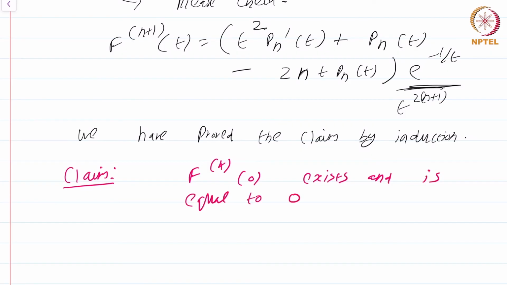Obviously if fk of 0 exists, it's got to be equal to 0 because the left hand derivative, when you take just the derivative from the left, is going to be 0 because that function is identically 0 when t is less than 0. So what we have to do is to show that when you take the derivative from the right, you still get 0 for this to work.